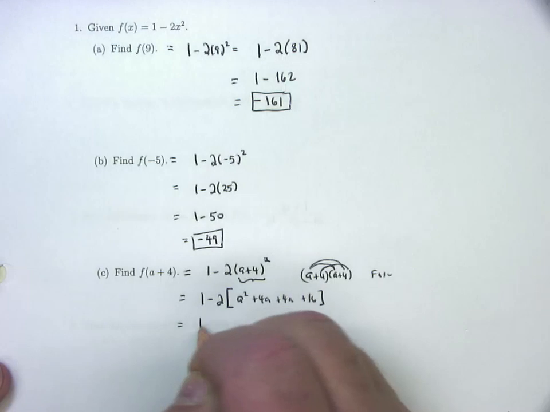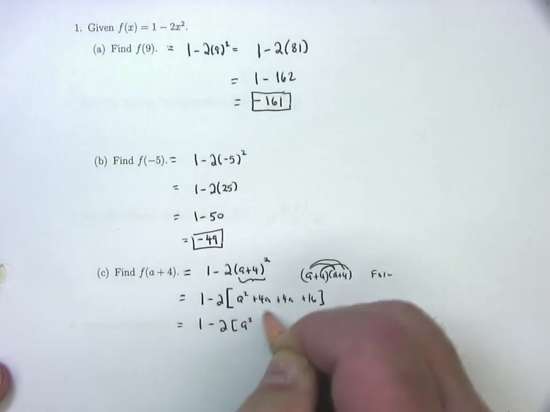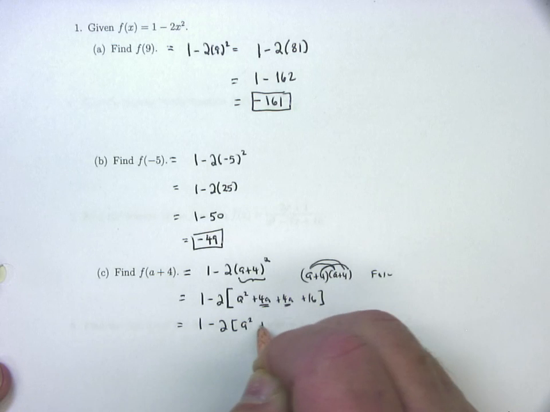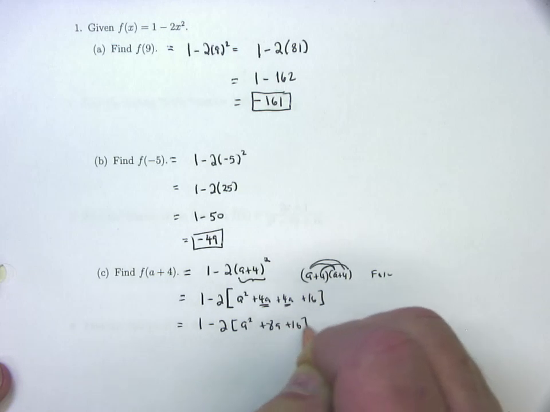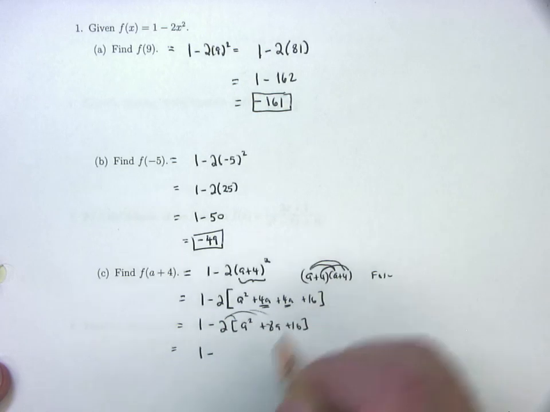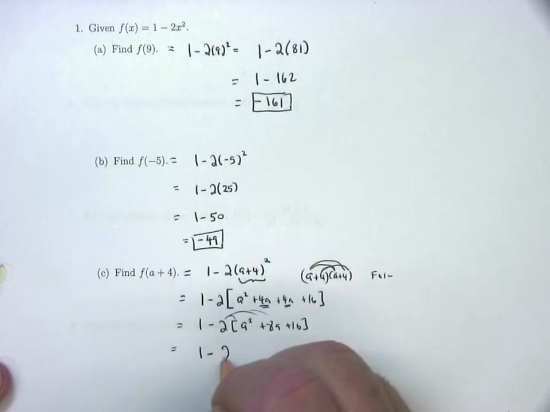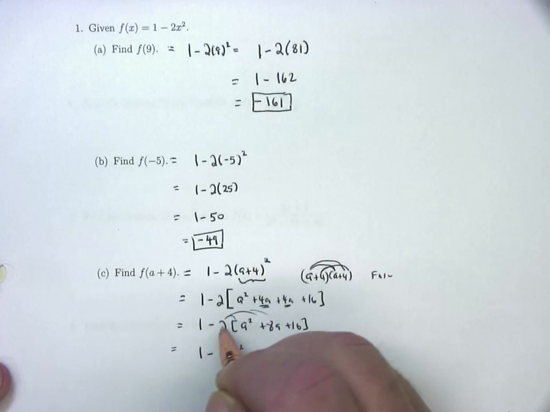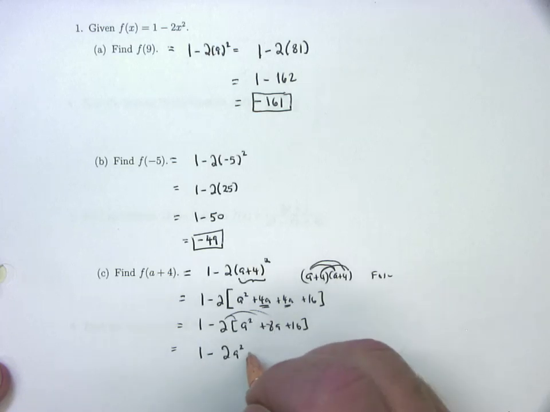Cleaning that up, that'll be 1 minus 2 times a squared plus 4a plus 4a is 8a, plus 16. This will be 1 minus, I'm going to distribute the 2. This will be 1 minus 2a squared. Negative 2 times plus 8a is minus 16a.